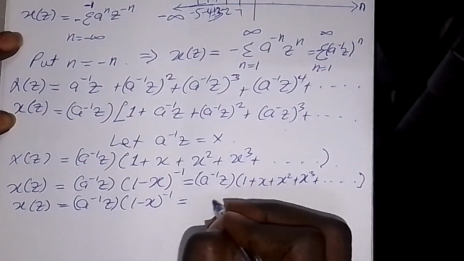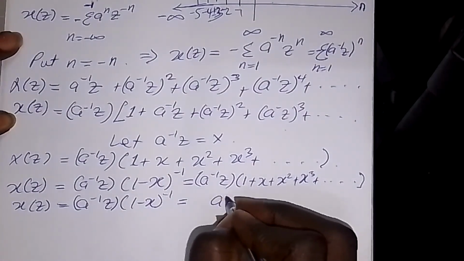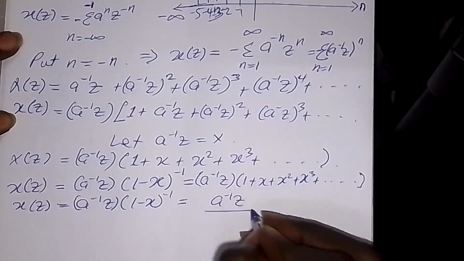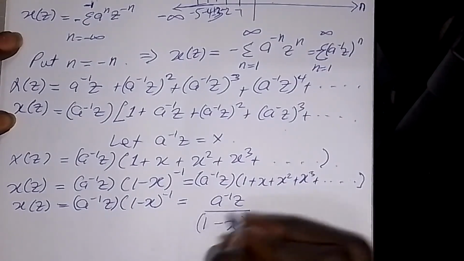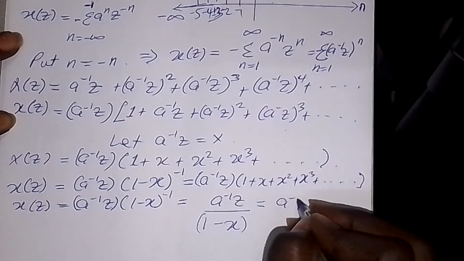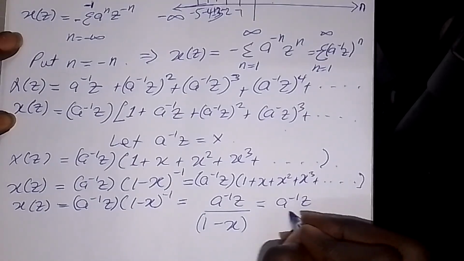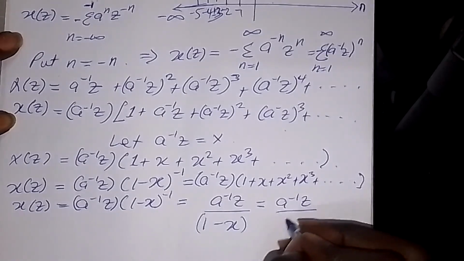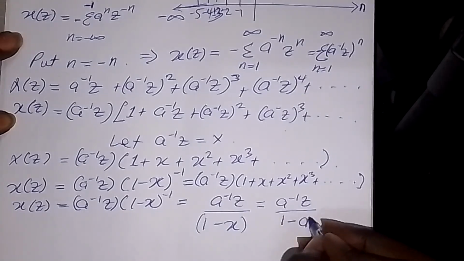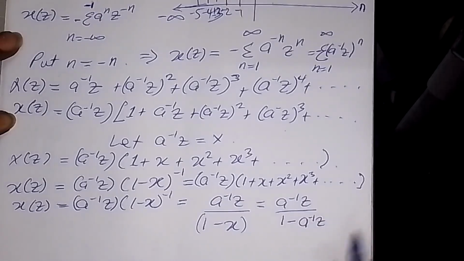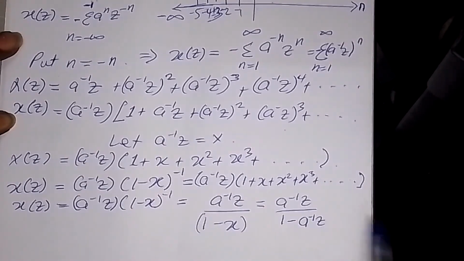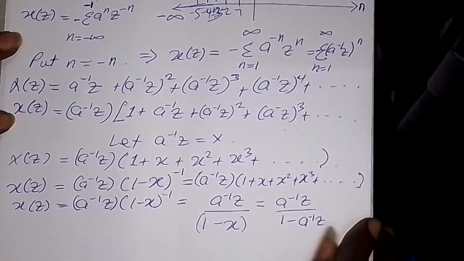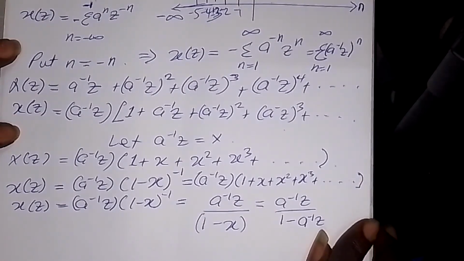This is actually equal to a exponent minus 1 z over 1 minus x, which is actually a exponent minus 1 z over 1 minus a exponent minus 1 z, because remember that I told you that a exponent minus 1 z is x.